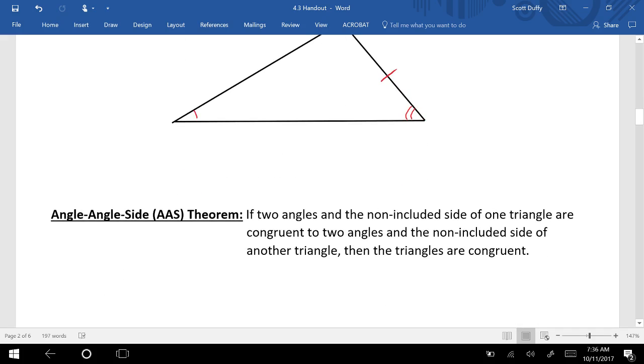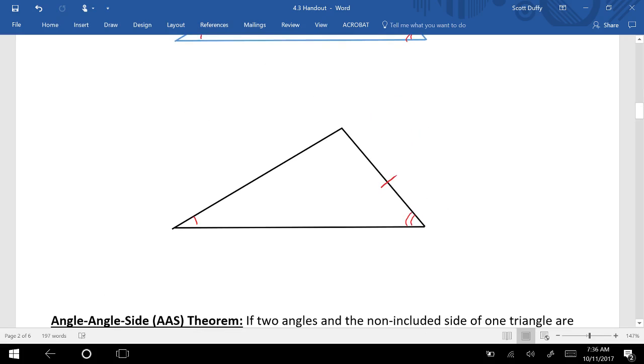That is the angle side. So how we can think of this is going around the triangle, we're given this angle, and the next thing we're given is an angle, and then as we go around, side. You can also call it side, angle, angle. Whichever you prefer, most people just call it angle, side.